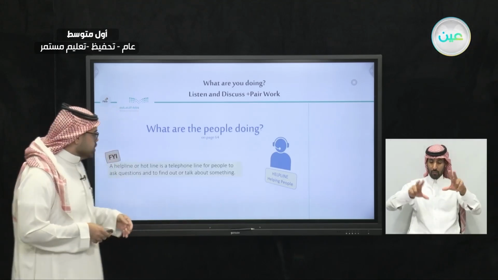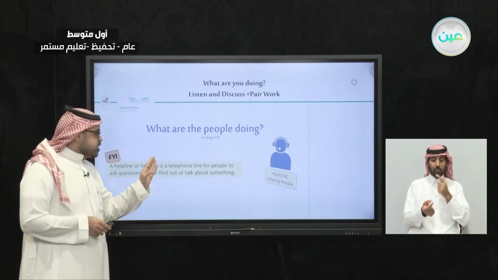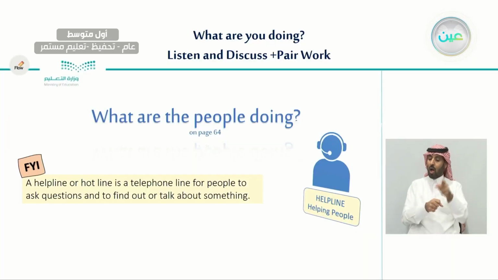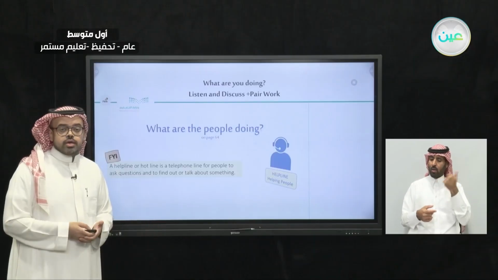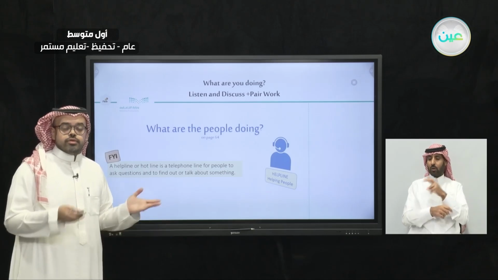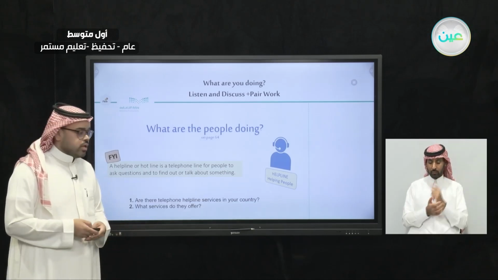A helpline is usually a hotline or a telephone line for people to ask questions and to find out or talk about something. We have many different examples of a helpline. For example, if we call an ambulance or the police, this is a helpline, or customer service, these are also helplines.